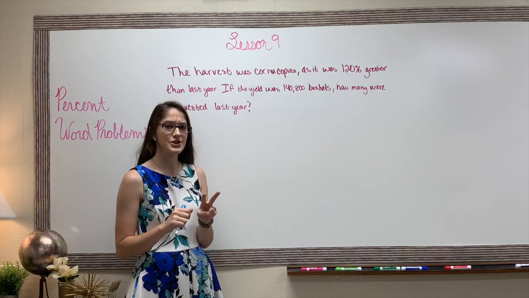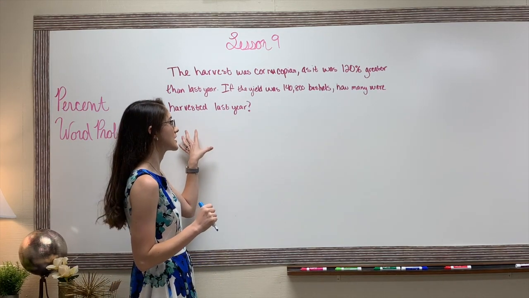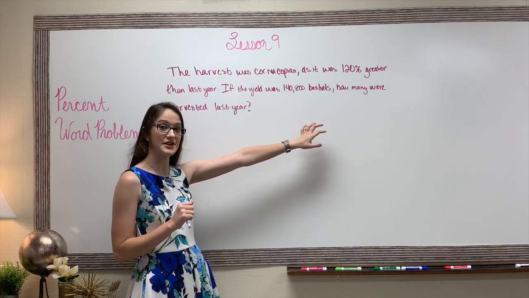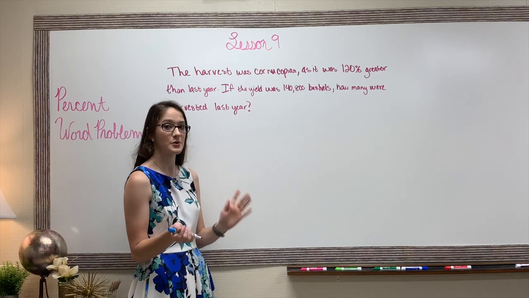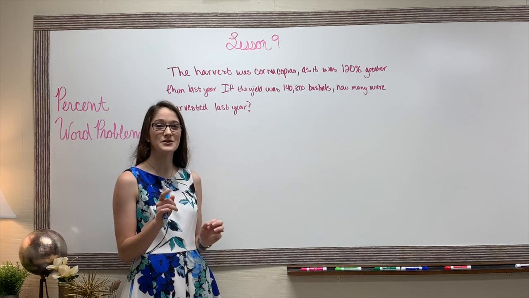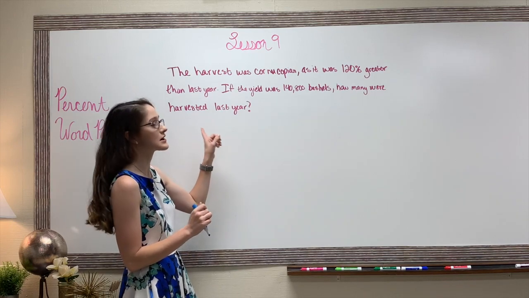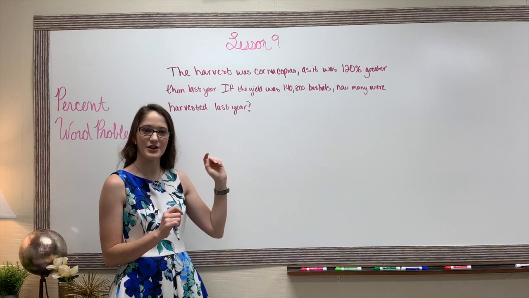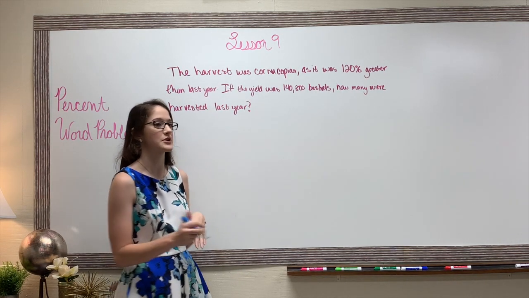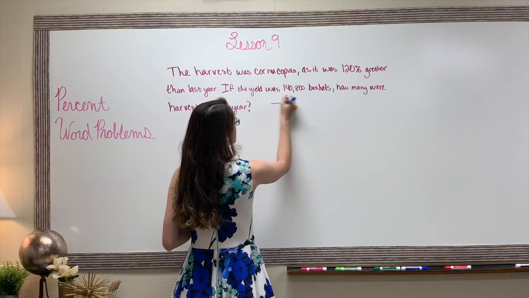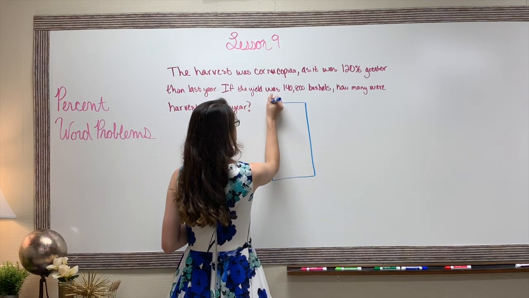I'm going to do the ratio box first because there is a concept here that I want you guys to learn, and it's easier to show it whenever we do the ratio box.